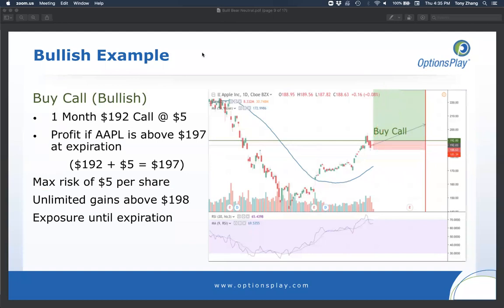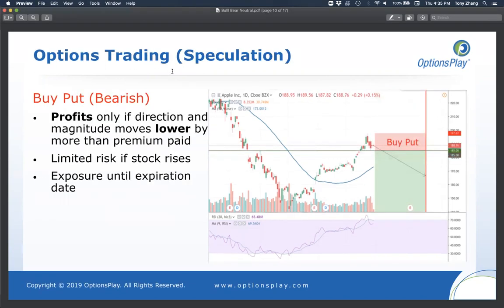So that is just a quick recap of what buying a call option is and how that differs from going long a stock. Conversely, buying a put, same thing. You need the move not only in the direction that you expected, but a magnitude lower by the premium that you pay for the put option.